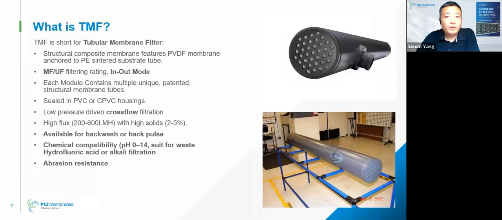TMF is short for tubular membrane filter. Typically, TMF is a structural composite membrane module that features PVDF membrane anchored to a PE sintered substrate tube. The filtering range of TMF is microfiltration to ultrafiltration with the in-out operation mode.